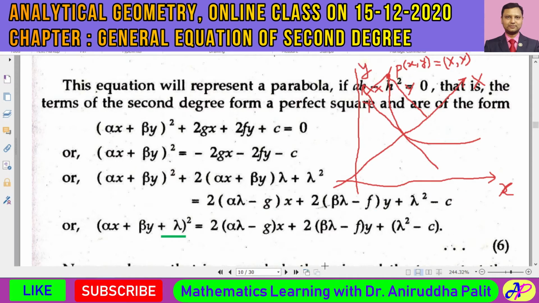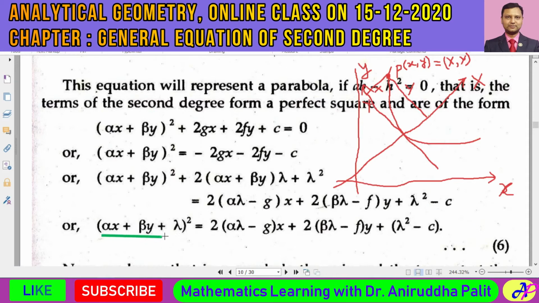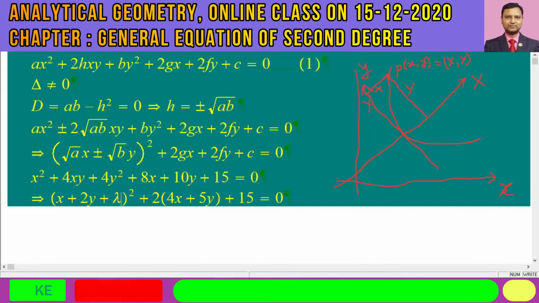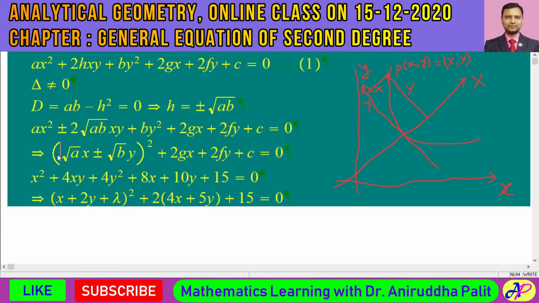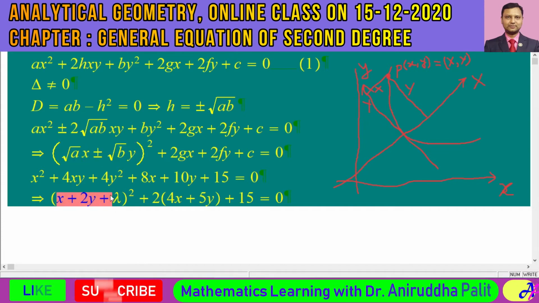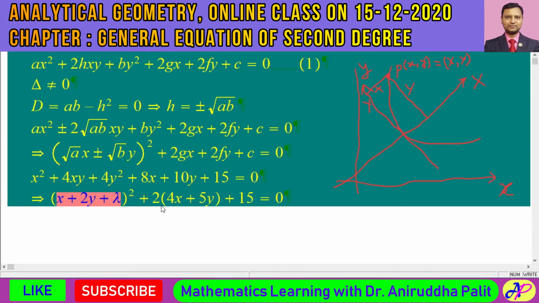Okay, and afterwards this expression, this kind of alpha x plus beta y plus lambda, or for our case this kind of expression plus lambda, when equated with 0 will generate a straight line.